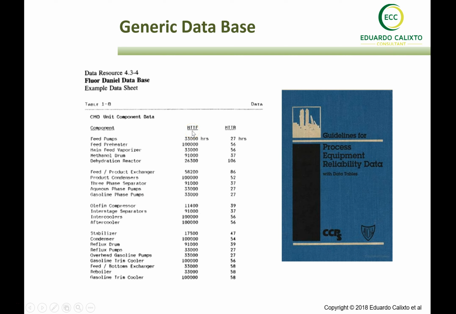Mostly in generic databases, we have reliability data in mean time to failure, and repairs in mean time to repair. Repair is fine. Based on this mean time to repair, we can consider a standard deviation and use a normal PDF. In the case of a normal PDF, the mean time will be similar to the mean. That is the parameter of the normal PDF.